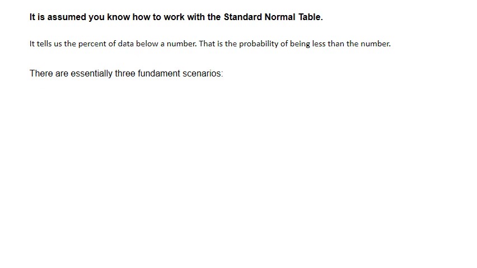So you are looking at the normal distribution, you have a number Z, and the table is telling you this area here, what's below this number, which is the percent, which is the probability of being below that number.